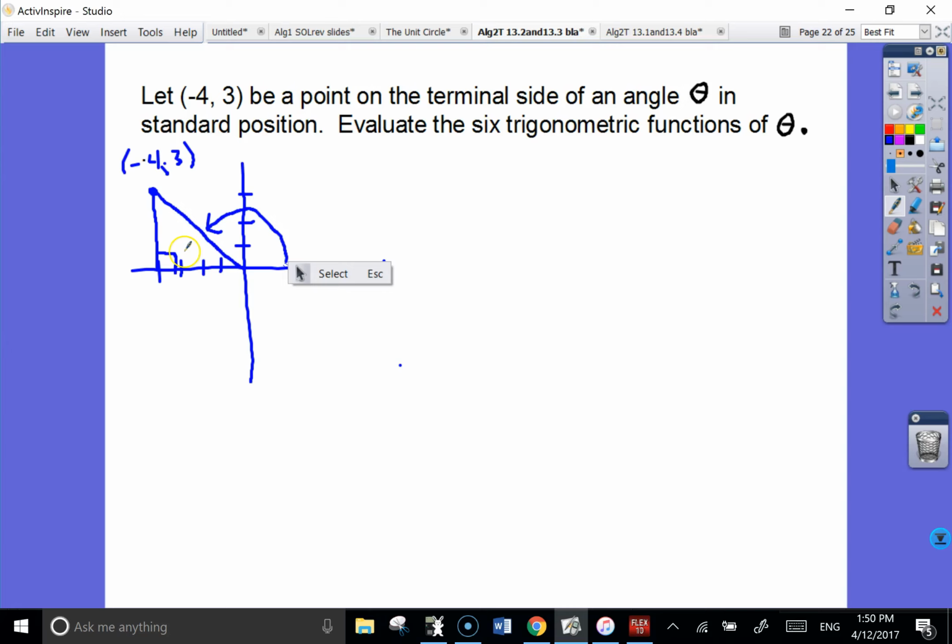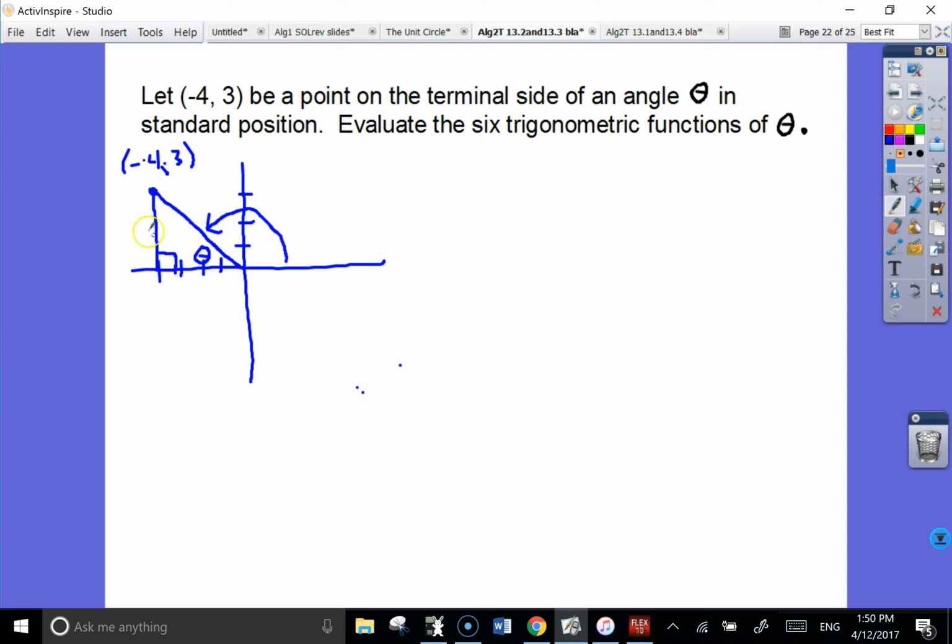Make yourself a triangle with the x-axis. No matter where you are in the coordinate plane, if you're given a point on the terminal side, make yourself a triangle with the x-axis. That means theta is going to be right there. Theta is always with the x-axis. Now you can say what the lengths of the sides are.